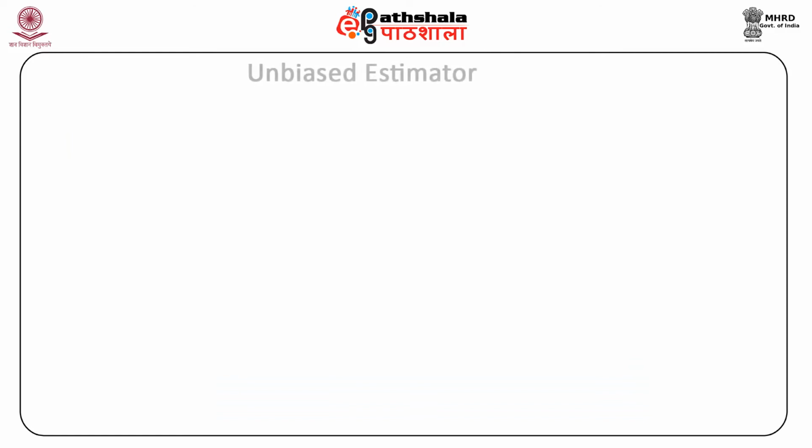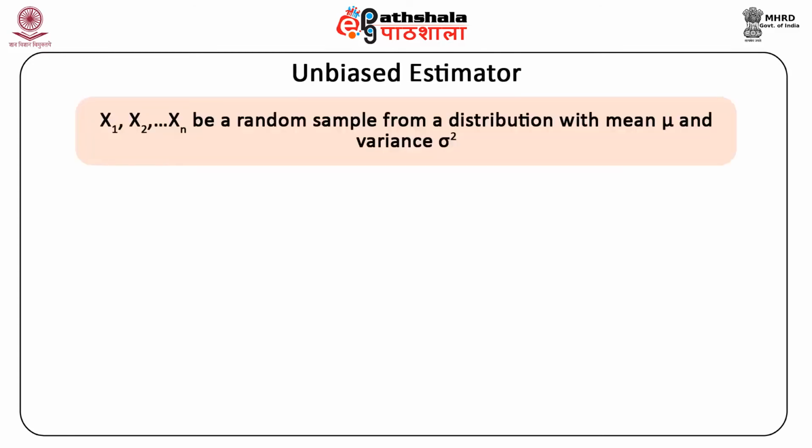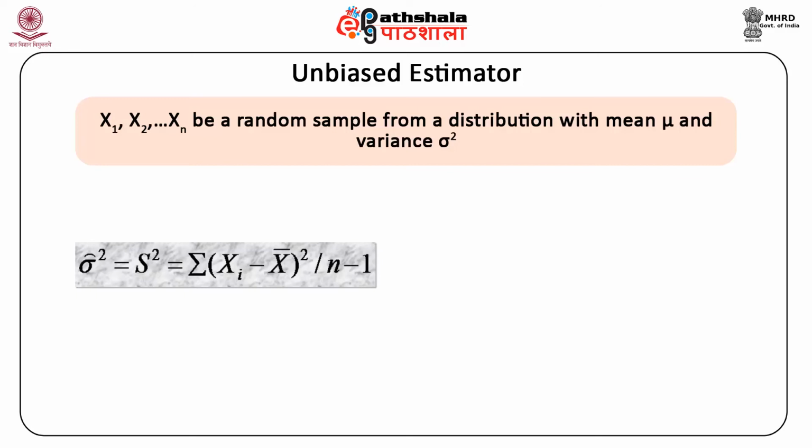Moving on to the next property, let us say x1, x2, x3 up to xn are random samples from a distribution with mean mu and variance sigma squared. Then the estimator sigma squared hat is equal to s squared, which is the sum of (xi minus x bar) whole squared divided by n minus 1.